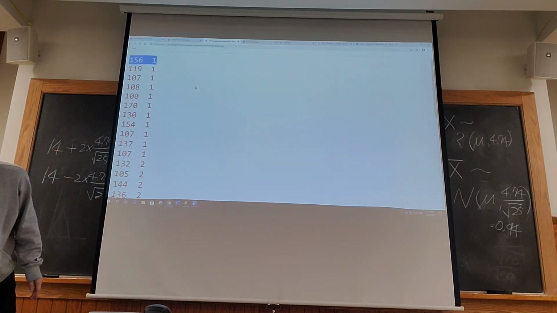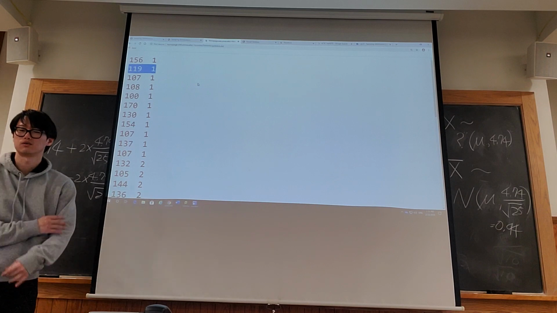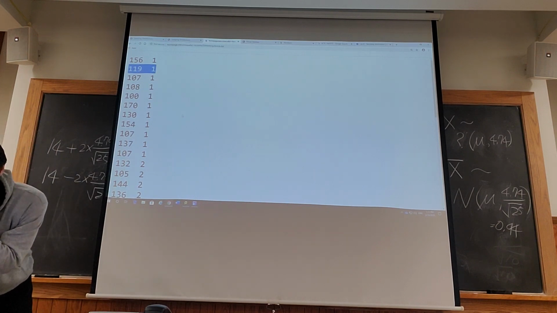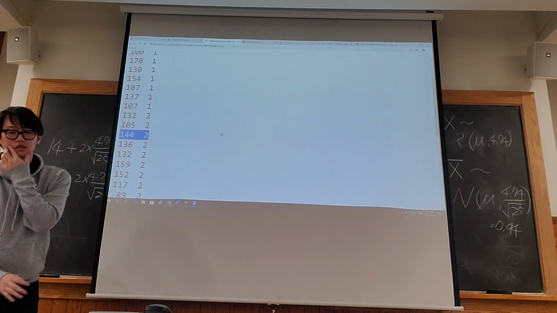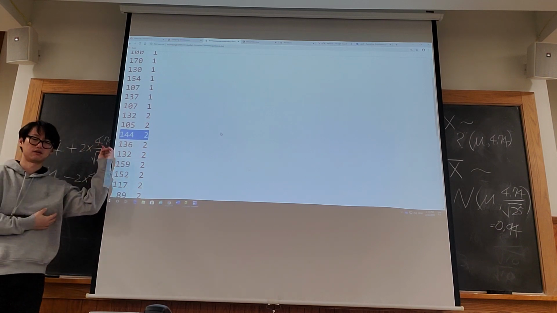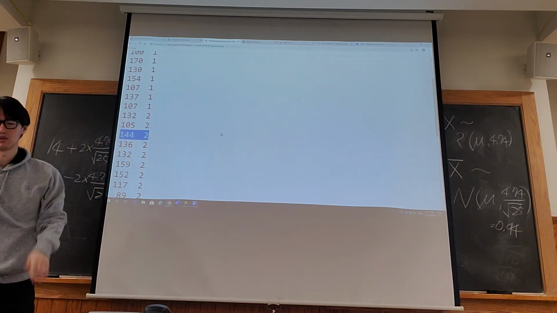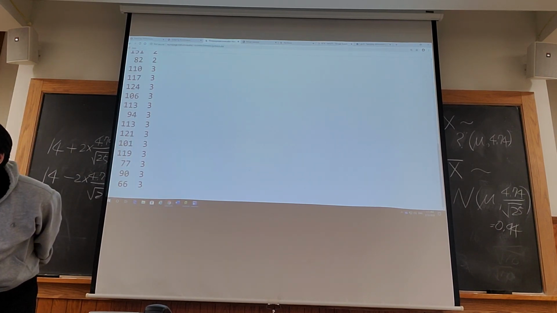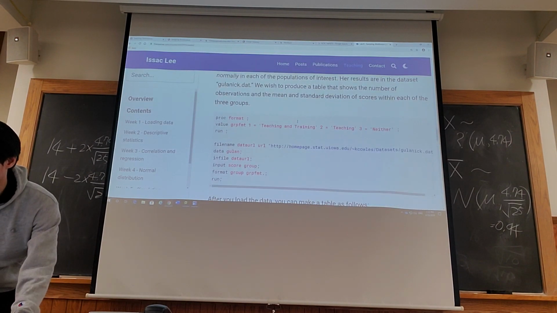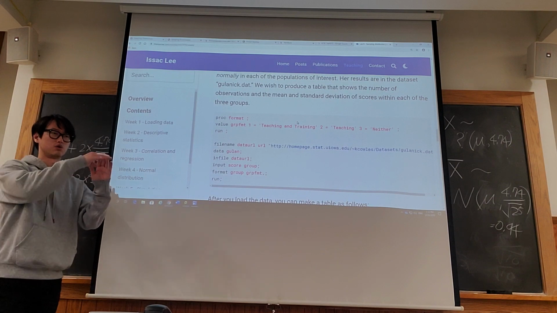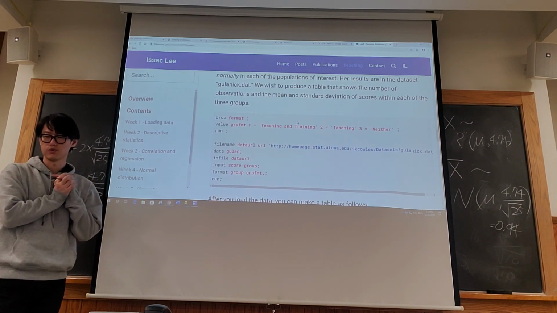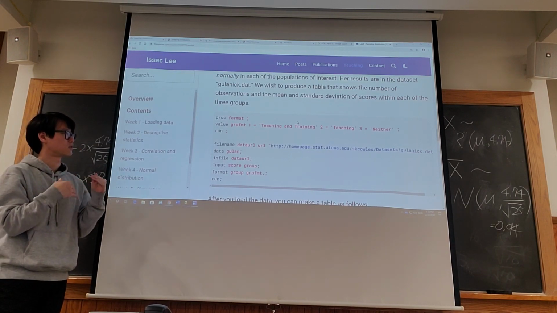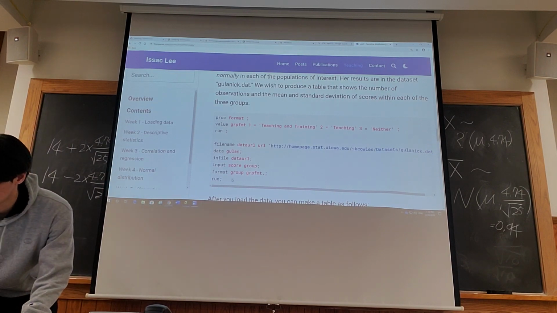And the second person, her score was 119, and she belongs to group 1 also. And this guy, maybe his score is 144, and he belongs to the second group. So we have 3 groups, and each person has a score. What I want to do is draw the summary table, which shows us some statistics for each group.